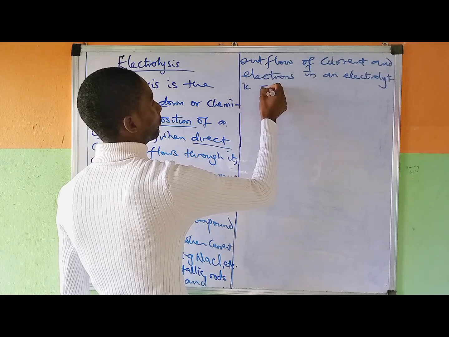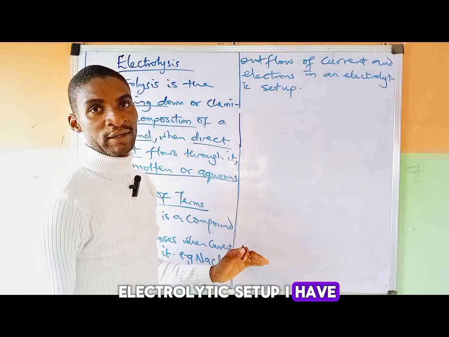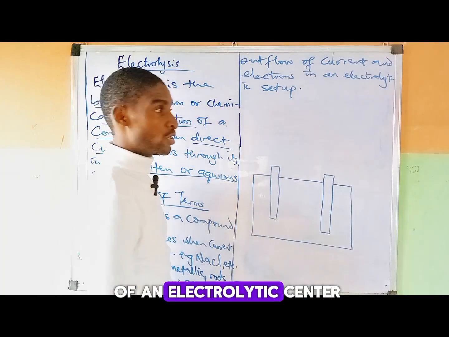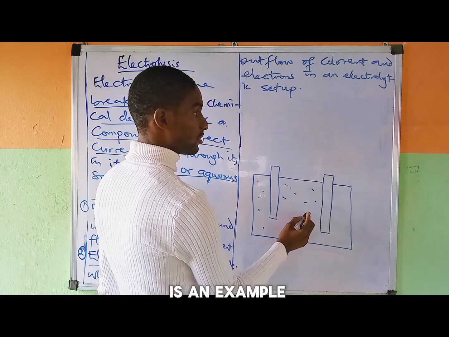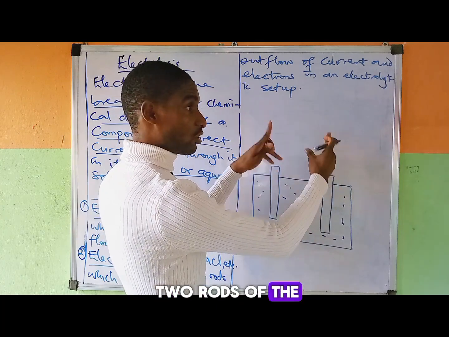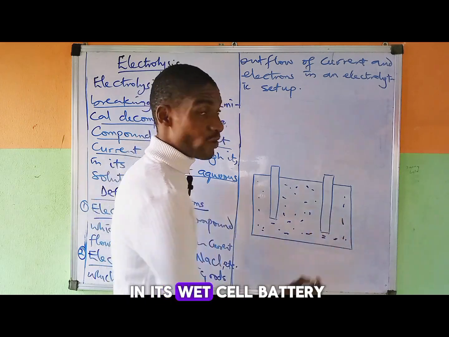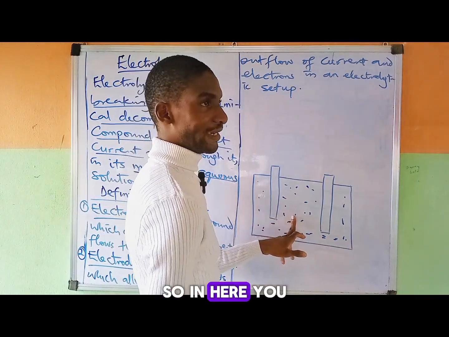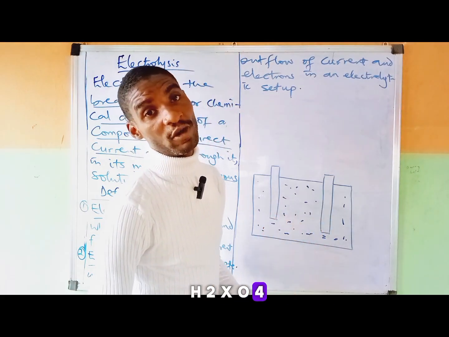Electrolytic setup. So if I have an electrolytic setup, let me quickly do this. This is an example of an electrolytic setup. Your car battery is an example. You look at your car battery, you see there are two rods on the top of it, and inside the battery you have a fluid substance, if it's a wet cell battery. In here you can have compounds like tetraoxosulphate(VI) acid, H2SO4.